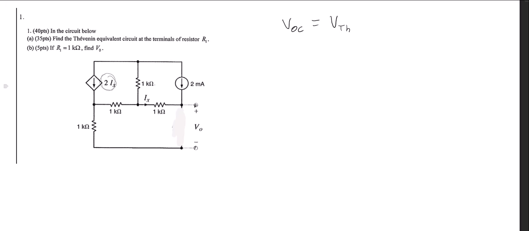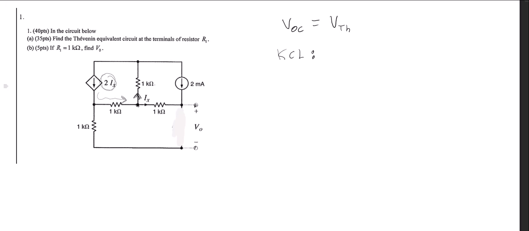So all of this current is going here. And so I can do a little KCL at this bottom node. I can say that the currents coming in have to equal the currents coming out.